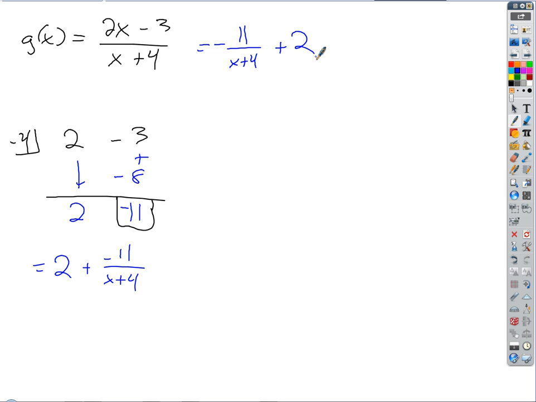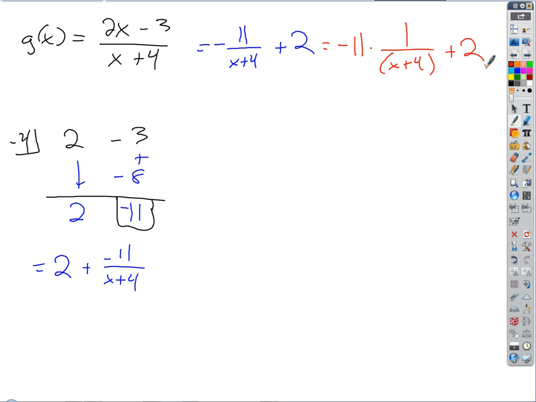Because wouldn't you agree that's the same thing as saying -11 times 1 over x plus 4? When I multiply fractions, I multiply straight across, right? You see that? Plus 2. Well, that looks familiar, right? That looks like a transformation of 1 over x, doesn't it?